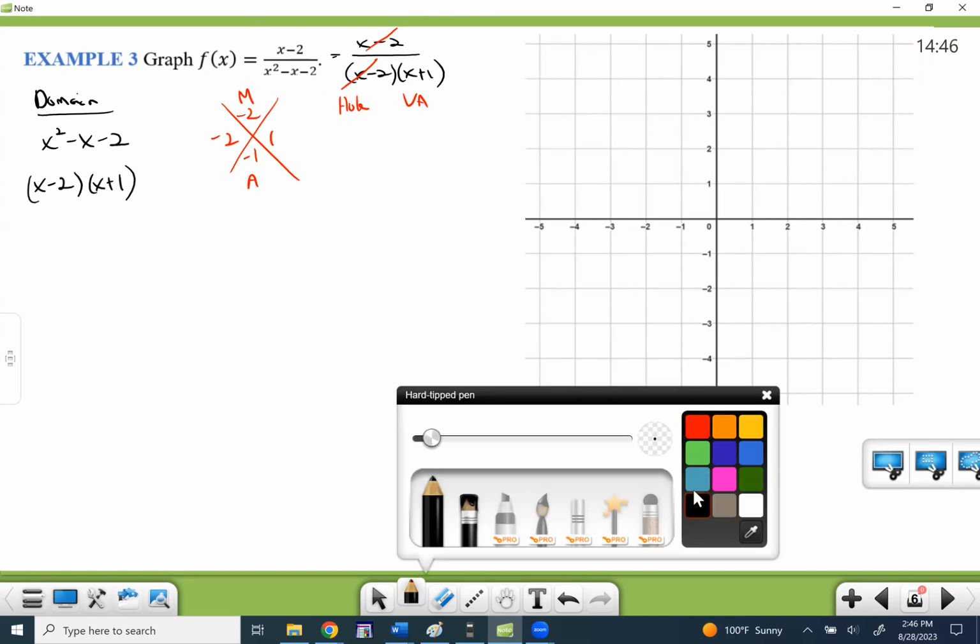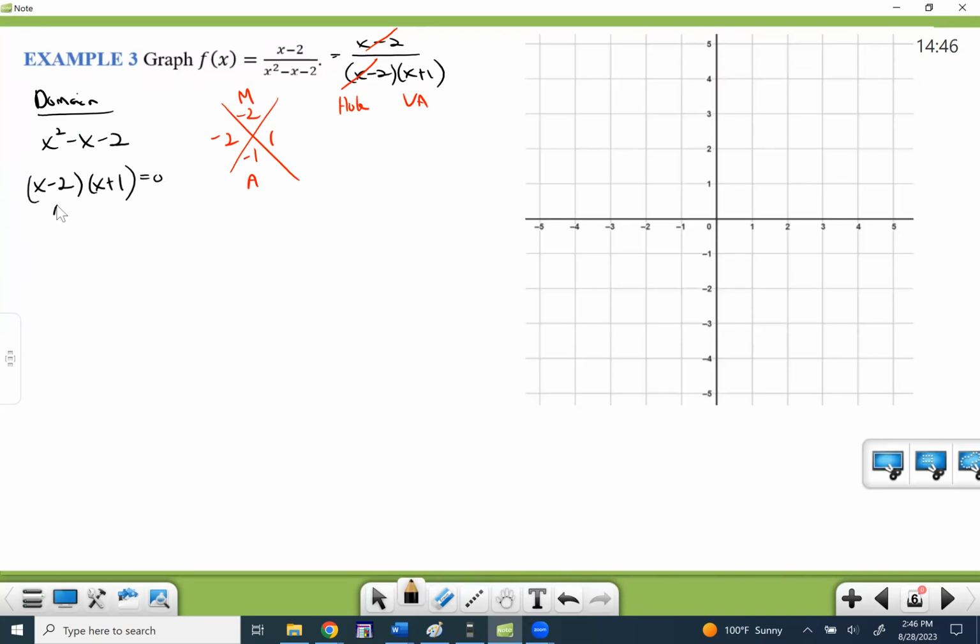So when we set these equal to 0 to get our domain, we get +2. And then when we set this one equal to 0, we get -1. So we have a hole at 2 comma something, and we have a vertical asymptote at x equals -1.